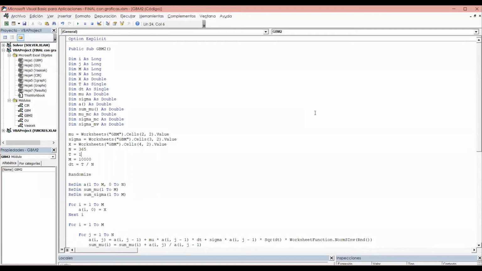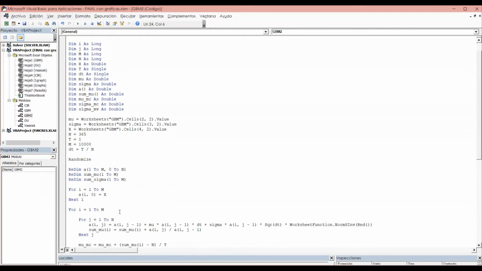By using these formulas, we generated a Visual Basic code that gives us an average estimated value for each one of the parameters. The function receives the original parameters and simulates 10,000 trajectories with 365 time steps and saves the results in a range. Then, with the use of for cycles, it calculates the parameter with both methods, least squares and maximum likelihood, for each trajectory.